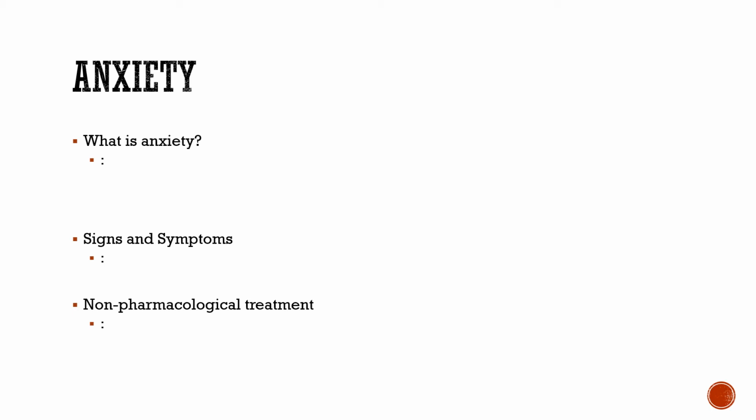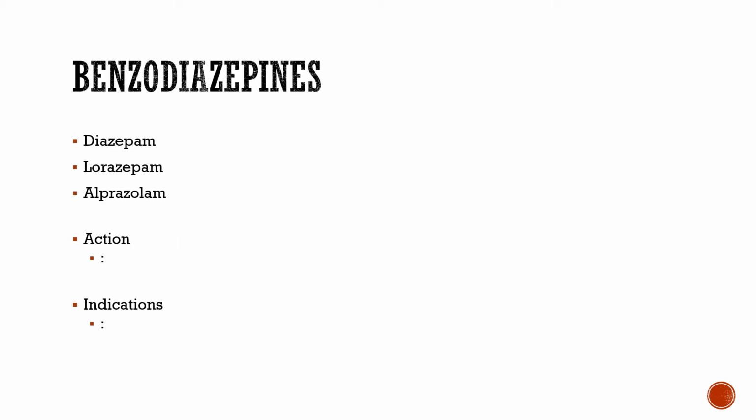So what kind of non-pharmacological treatments do we use for this? Relaxation techniques, yoga, exercise actually does help with anxiety, good diet. There's quite a few different non-pharmacological things that do work for people. Benzodiazepines, these are your acute anxiety medicines, but they're good for more than just anxiety, and we'll talk about those.